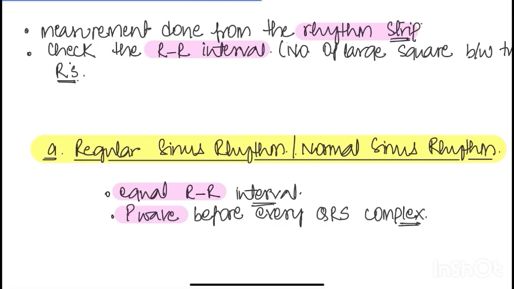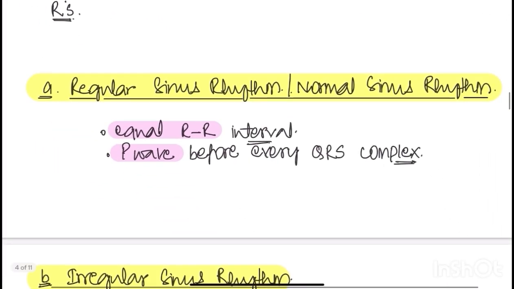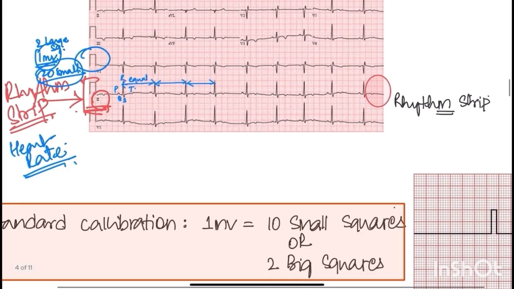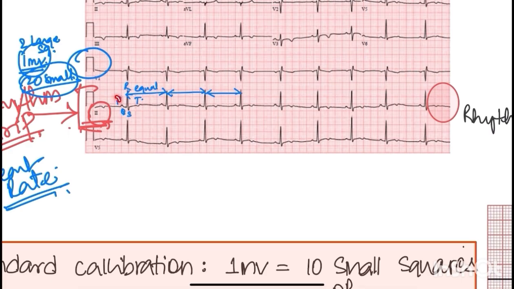So what are the findings in regular rhythm? You will have equal RR intervals, and there would be a P wave before every QRS complex. See, we have a P wave before every QRS complex, and the distance between two R waves is similar.